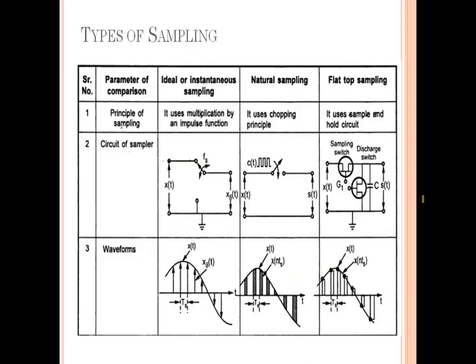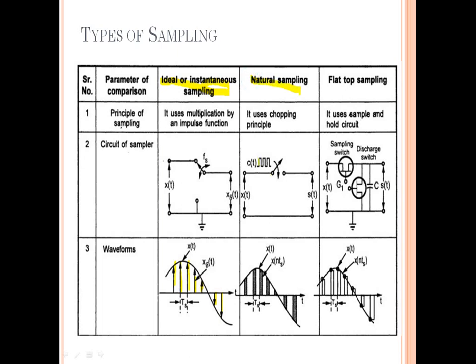Here are the types of sampling. There are three types: ideal sampling, natural sampling, and flat top sampling. Now go to ideal sampling. What is done in ideal sampling? These are the circuits, and I just need to multiply this train of impulses with the message signal, and I will get pulses whose amplitude will vary according to the message signal.